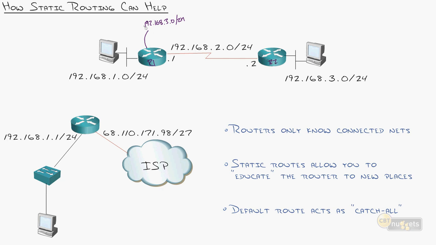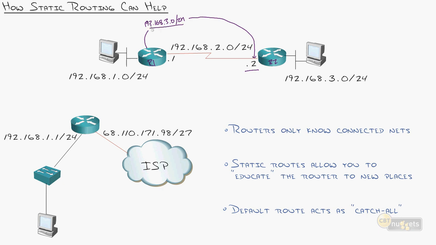So to reach this network, you need to go to 192.168.2.2. So essentially, we're using something router 1 knows how to reach to reach something that router 1 didn't previously know how to reach.